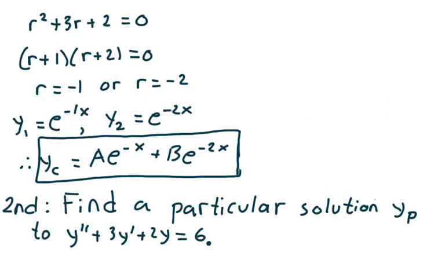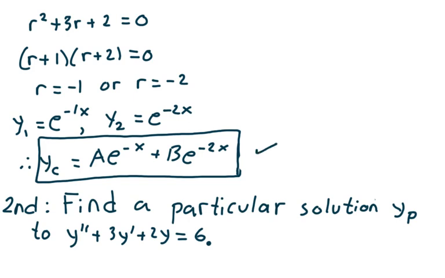Those are y1 equals e to the -x, and y2 equals e to the -2x. And so my complementary solution y sub c is equal to a e to the -x plus b e to the -2x.